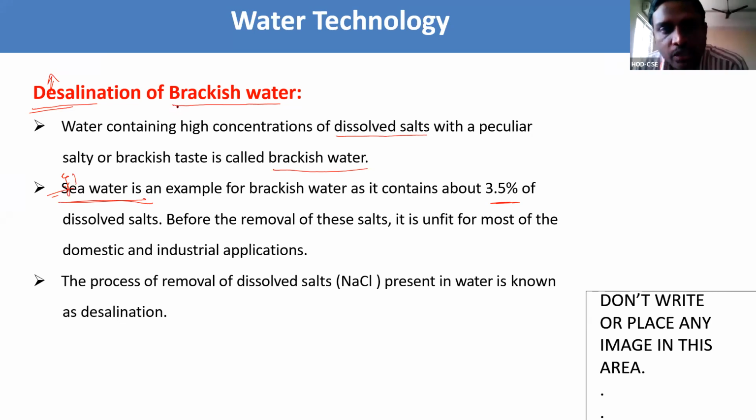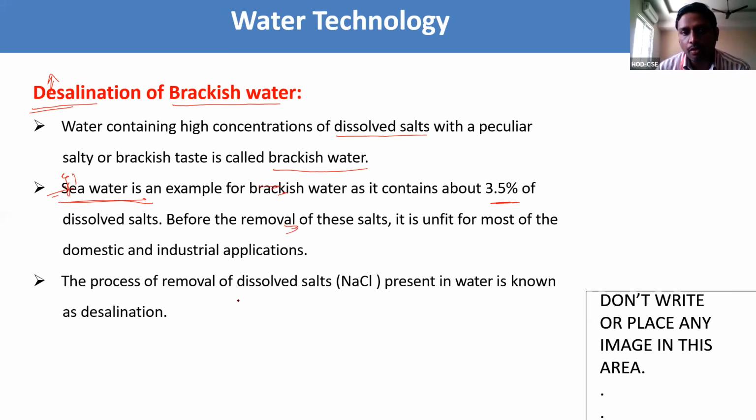So brackish water is water containing high concentrations of dissolved salts with a peculiar salty taste. An example is seawater. Before removal of salts, it is unfit for most domestic and industrial applications.